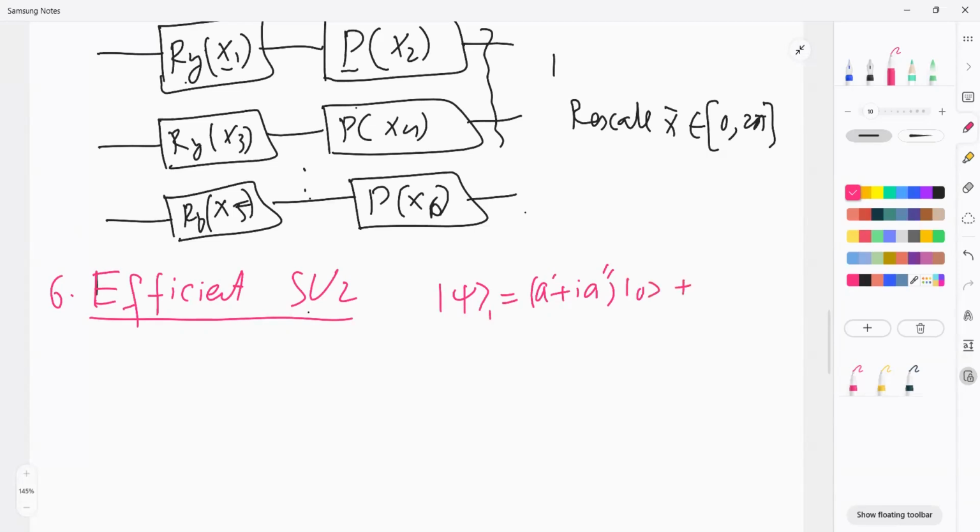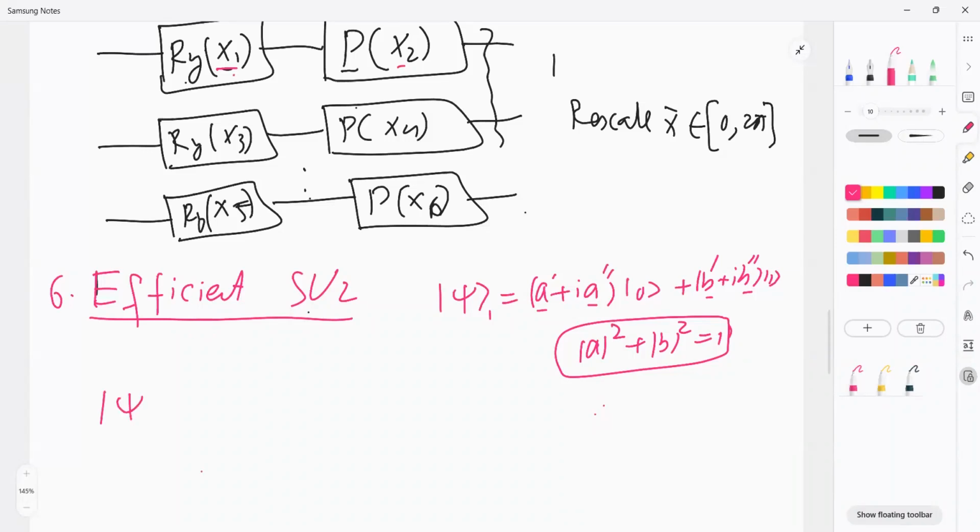There is a complex amplitude for the zero state, and then there is a complex amplitude for the one state. And you see there are a total of four parameters that define this state. So if I use four parameters, I can access a wider part of the Hilbert space than if I just use two parameters. I know that we have a restriction that |A|^2 + |B|^2 is 1, that essentially reduces the number of parameters to 3, but still it's more than 2.